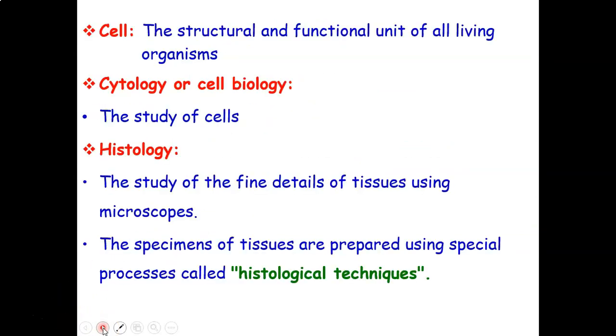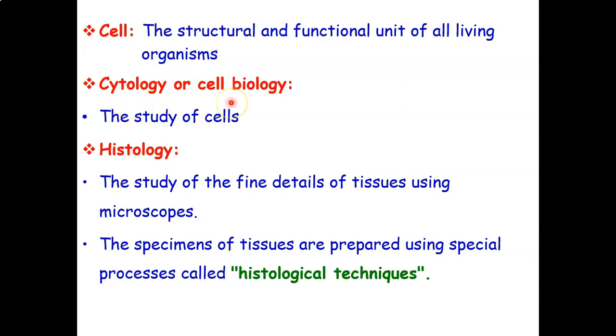Introduction to microtechnique. Why microtechnique? Microtechnique is a technique used to study tissue and cells. What is the cell? The cell is the basic structural and functional unit of all living organisms.